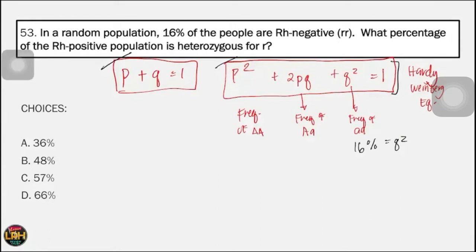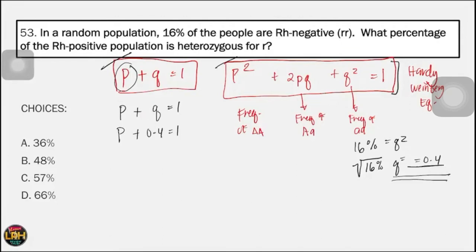To get the value of q, we have to get the square root of 16%, which is 0.4. Using this value, we should get the value of p. So p plus q equals 1, which is equivalent to p plus 0.4 equals 1, giving us the value of p as 0.6.